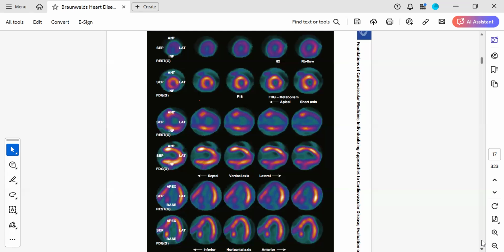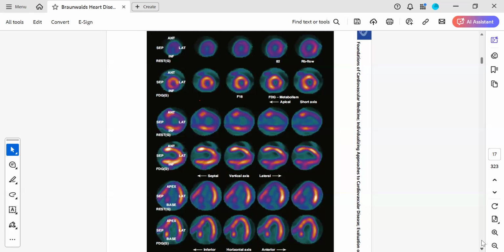So PET can differentiate between normal myocardium, stunned myocardium, hibernating myocardium, or necrotic myocardium. Now, hibernating myocardium is when we have the presence of enhanced FDG uptake in the region of decreased blood flow, and this is called PET mismatch.